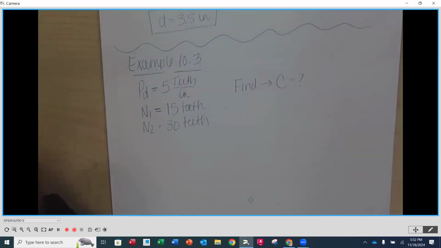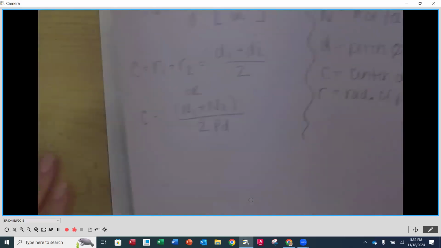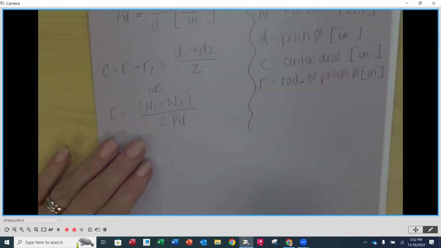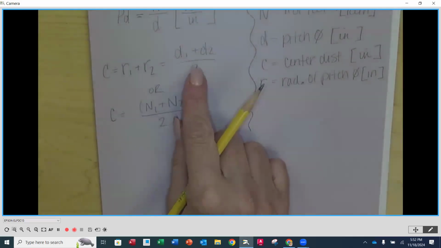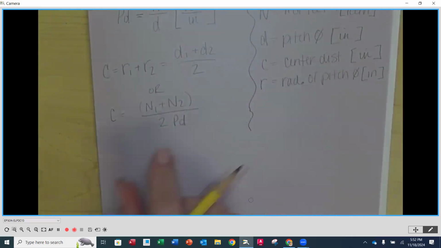Now, instead of having to page back, I know it's just above, but we've got a couple options for our center distance, right? We've got radiuses, diameters, number of teeth, diametral pitch. Based on the information that we have, which equation would probably be the most efficient to use?